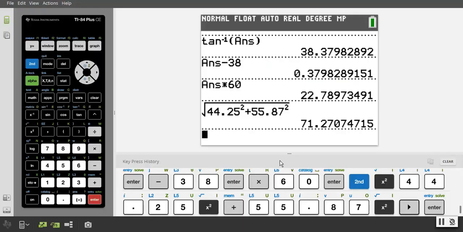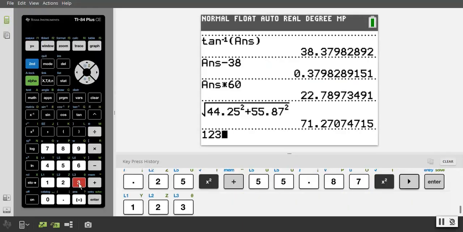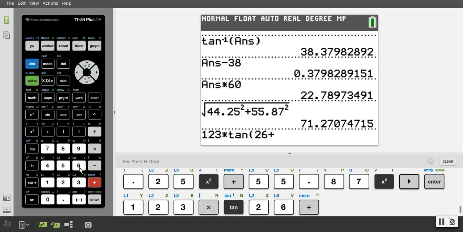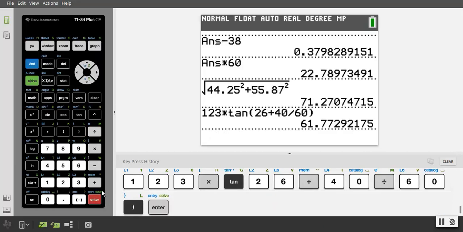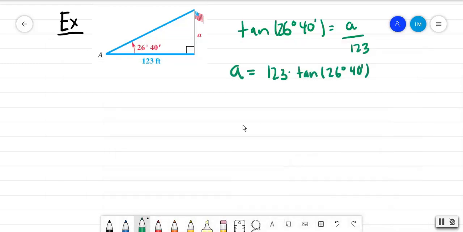So we take 123 and multiply this by tangent of 26 degrees. I'm going to go ahead and put in the minutes. In this case, it was 40, so that's 40 divided by 60. We close it, and then we hit enter. That's going to be 61.8 feet.